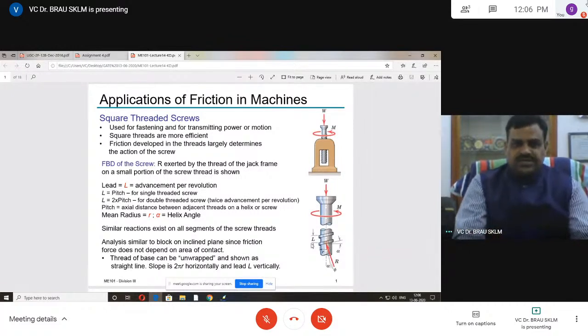Screws like a screw jack, lifting a bus or automobile, lifting a locomotive when you want to replace a tire. That is the best example. I am only giving a concept here. What is friction, and where is it applied, the different applications.